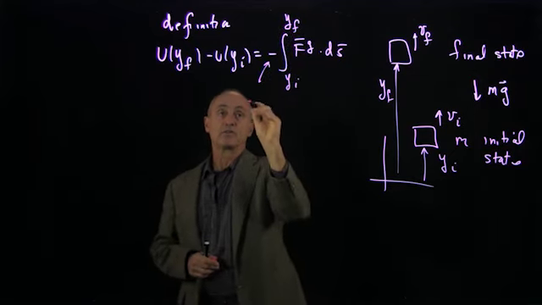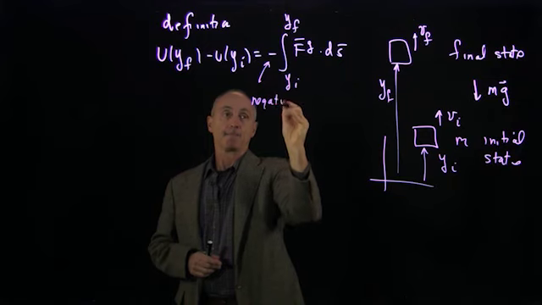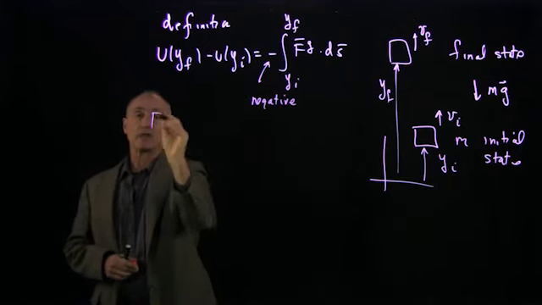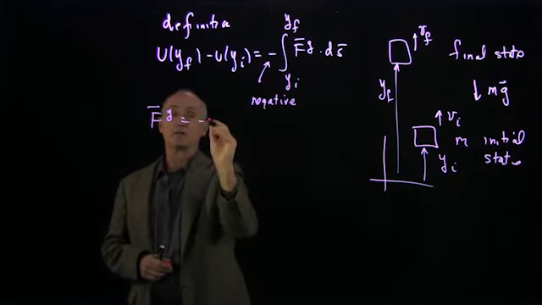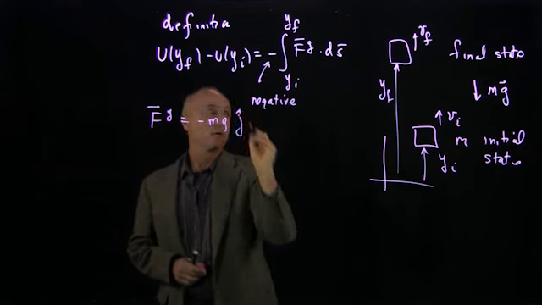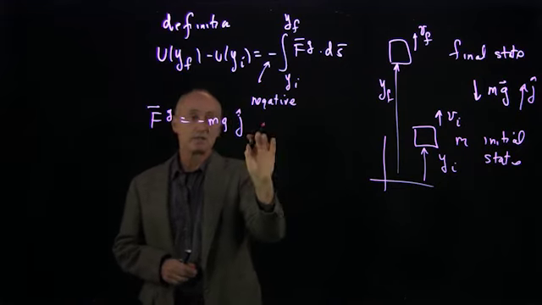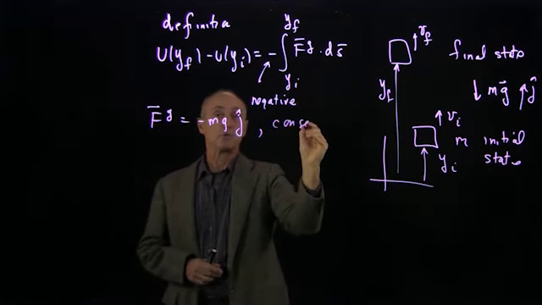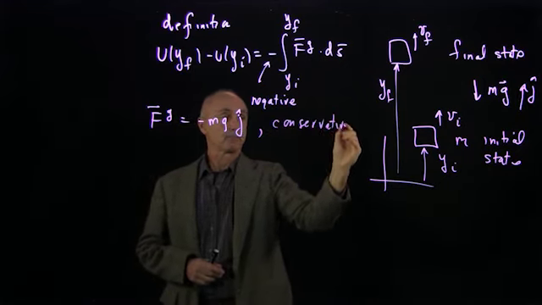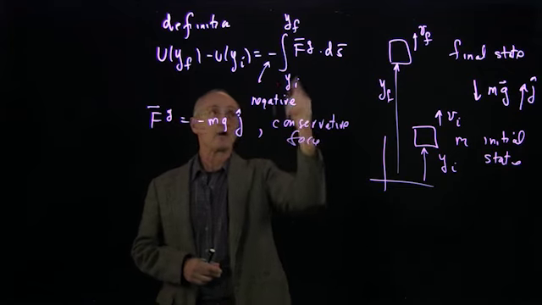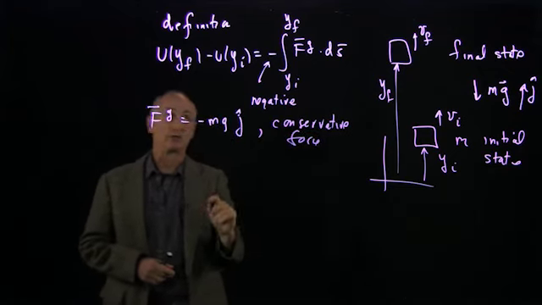Notice this negative sign. The gravitational force here, Fg, is minus mg j hat, where we're taking j hat up. We've seen that this is an example of a conservative force, and it doesn't matter how we went from the initial to the final states.